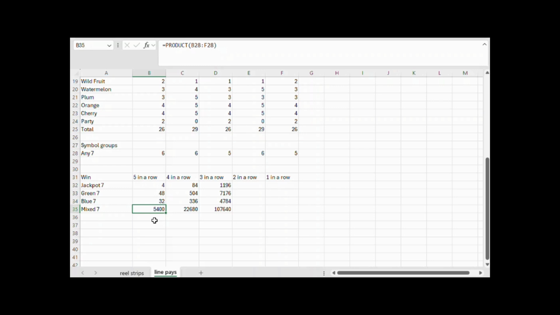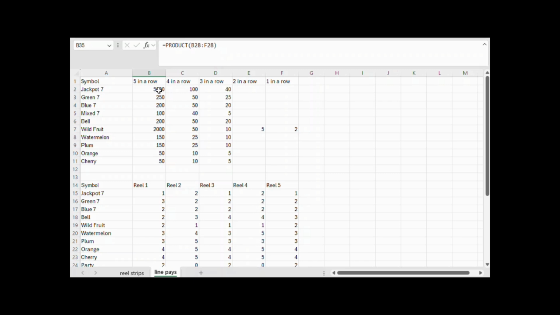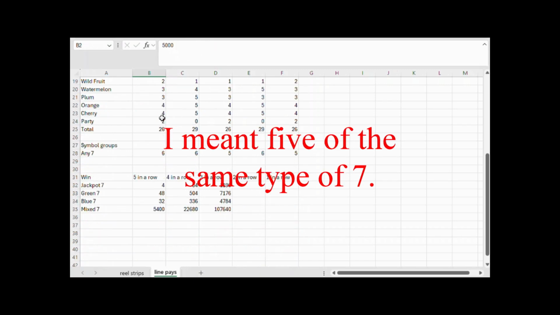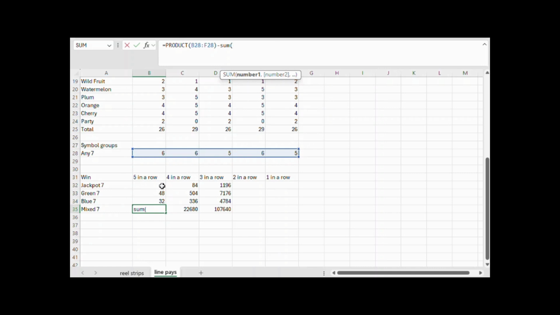Next, let's consider the number of wins for 5 mixed 7s. So that is double counting the number of ways the player might get 5 of the same type of 7. So let's subtract out from that number of combinations the number of ways the player can get 5 of the same type of 7. And that brings that one down to 5,316.